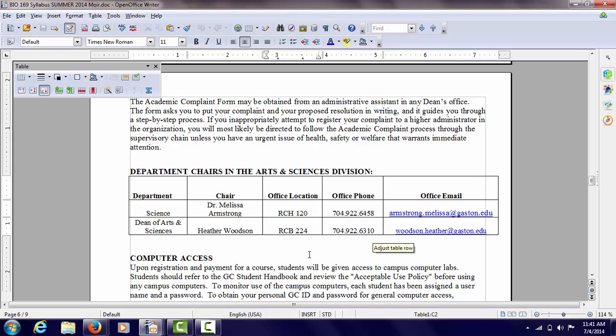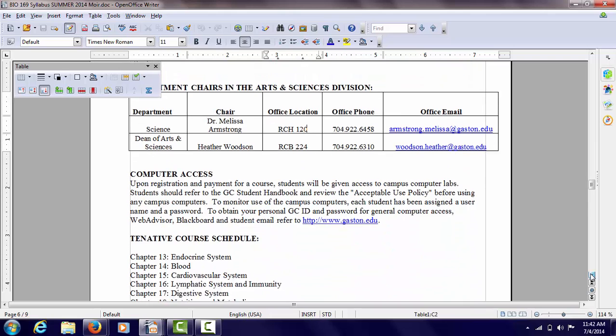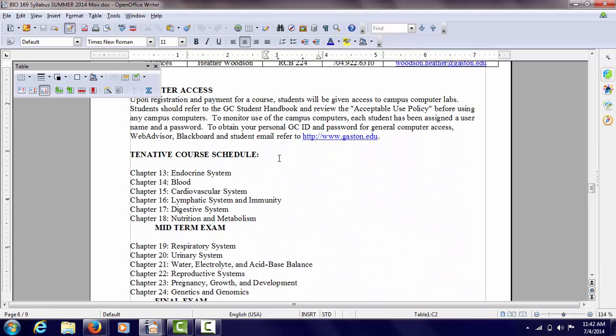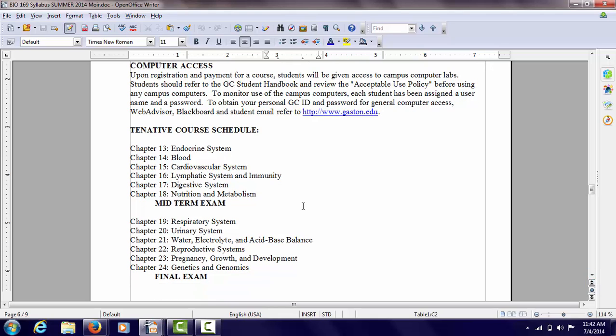And her boss, the dean of the Arts and Science Division as a whole, Heather Woodson, her office location, her phone number, and her email. So if you have questions or complaints, if you feel like you can't talk to me, which hopefully won't be an issue, but if you feel that you can't, you're more than welcome to talk to Dr. Armstrong or Ms. Woodson.